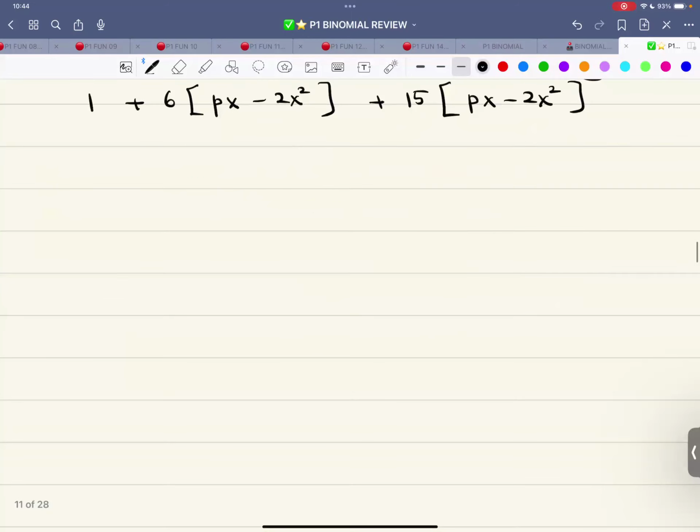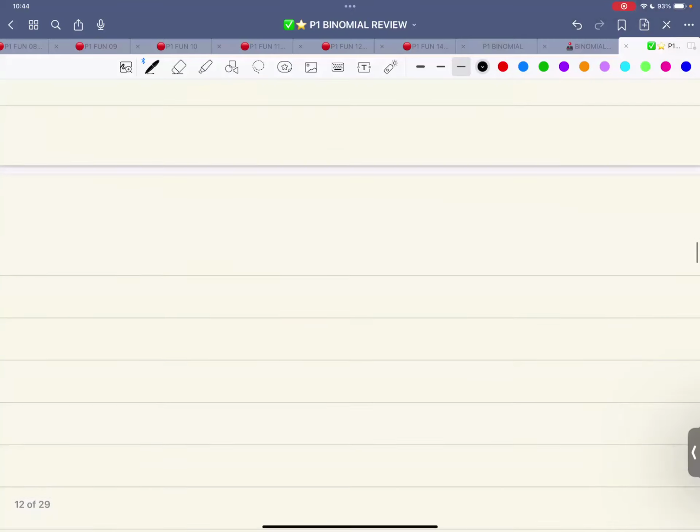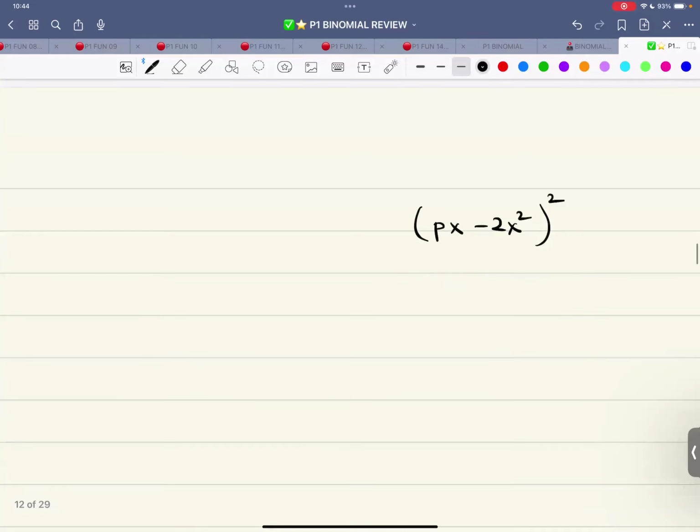Now, first of all, let me add a page. And let me just expand this much. (px minus 2x square) square. Therefore, this is p square x square minus 2 into px into 2x square.